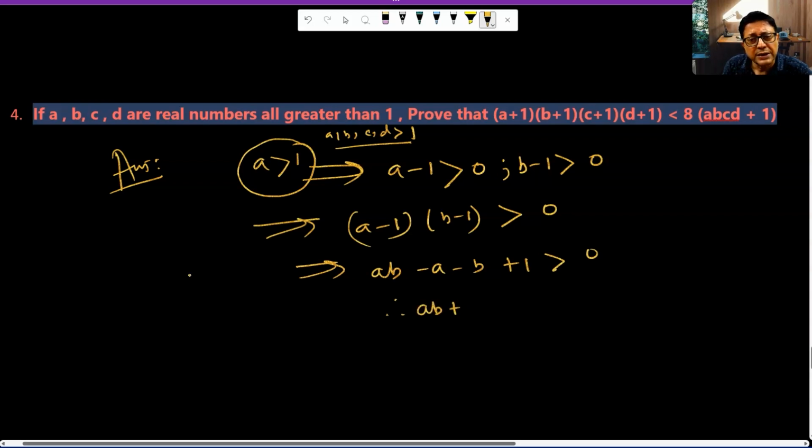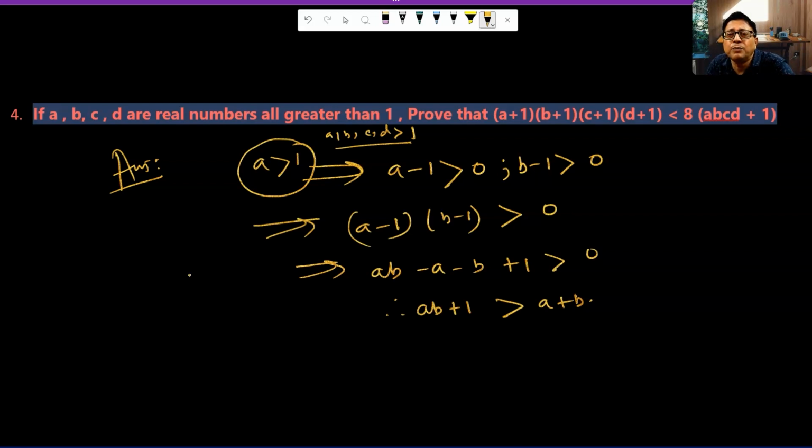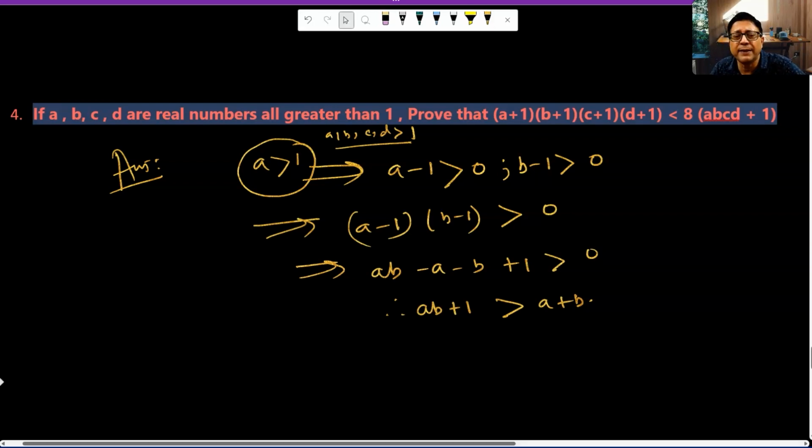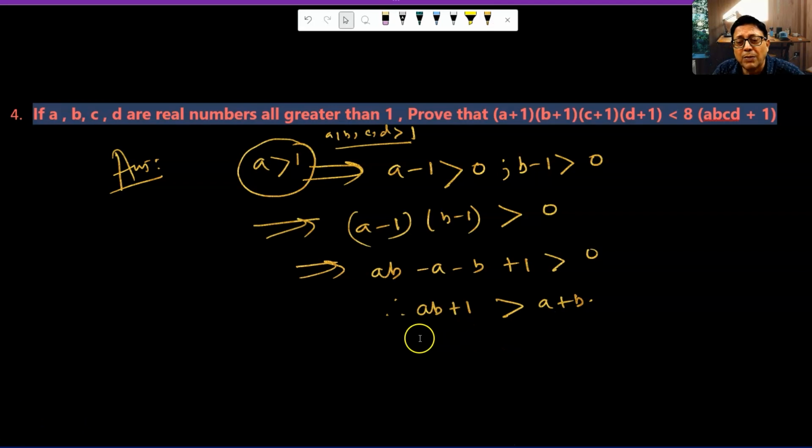Therefore, AB plus 1 greater than A plus B. Am I correct? AB plus 1, we have proved greater than A plus B. But we haven't got it yet. AB plus 1 greater than AB, it's true, but there is no scope of getting this expression.